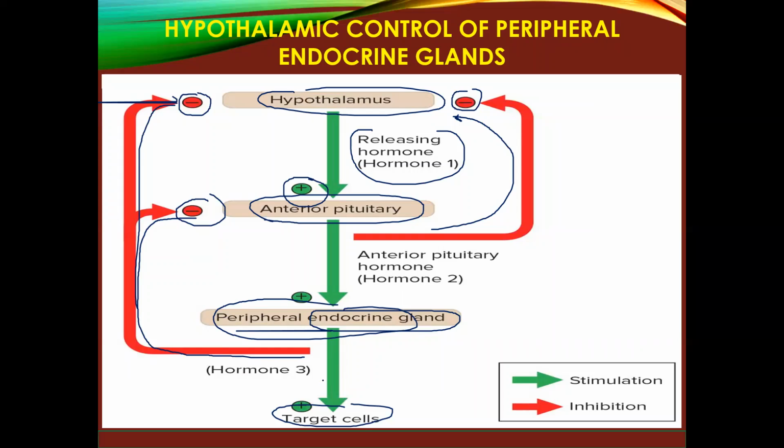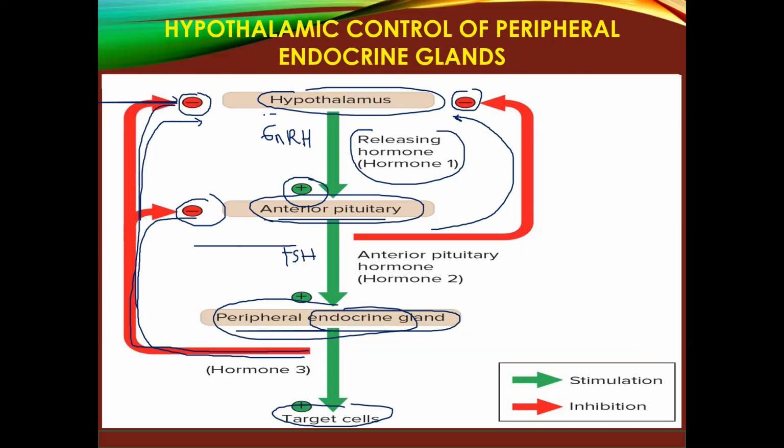If there is so much estrogen produced, then the ovary also produces inhibiting hormones that inhibit the anterior pituitary gland from producing FSH. And this inhibiting hormone from the ovary can also inhibit the hypothalamus from producing GnRH, gonadotropin-releasing hormone.